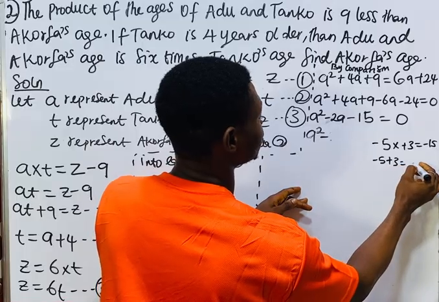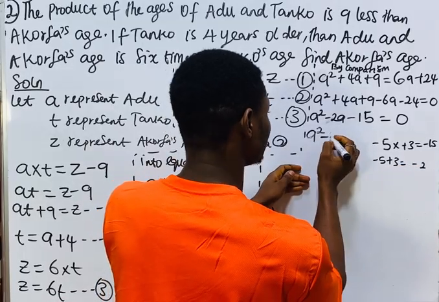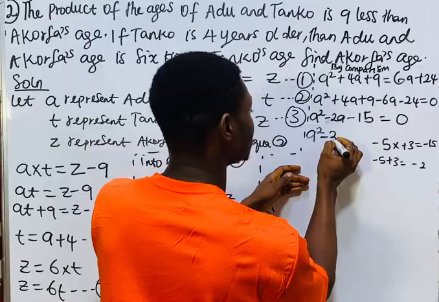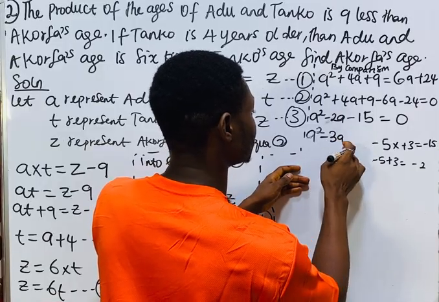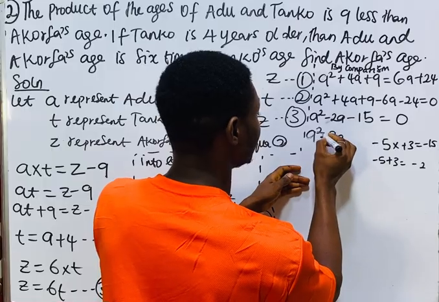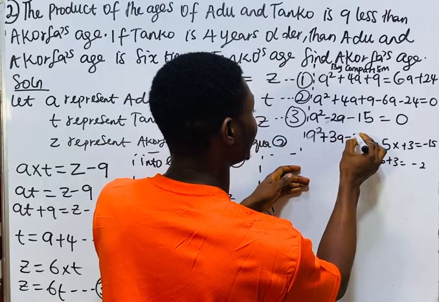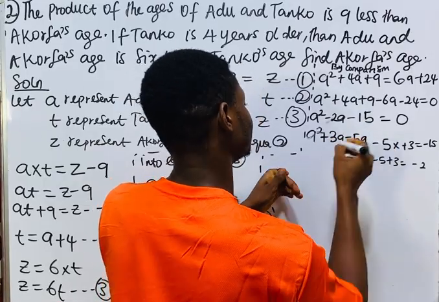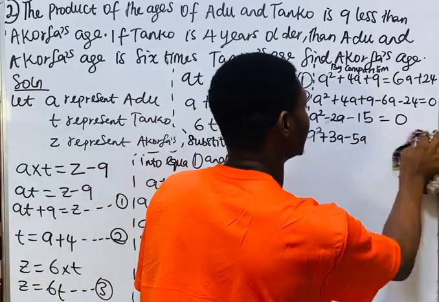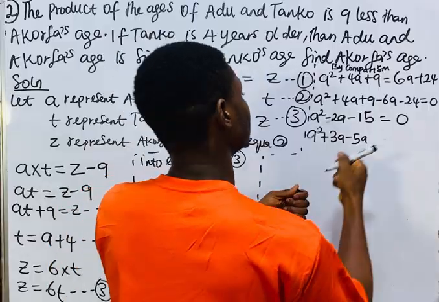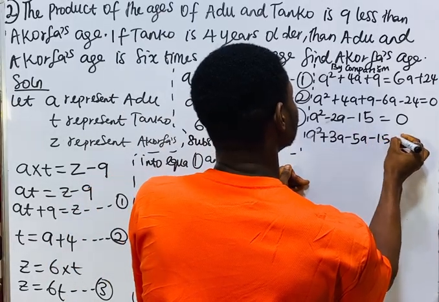It will give us negative 2. So the two terms will be plus 3a and minus 5a. So these are the two numbers. Then minus 15 is equal to 0.